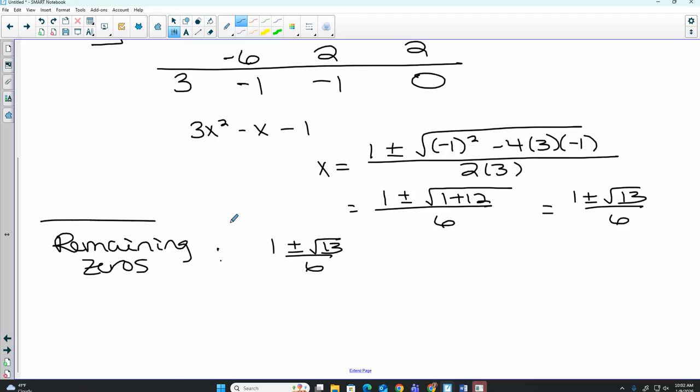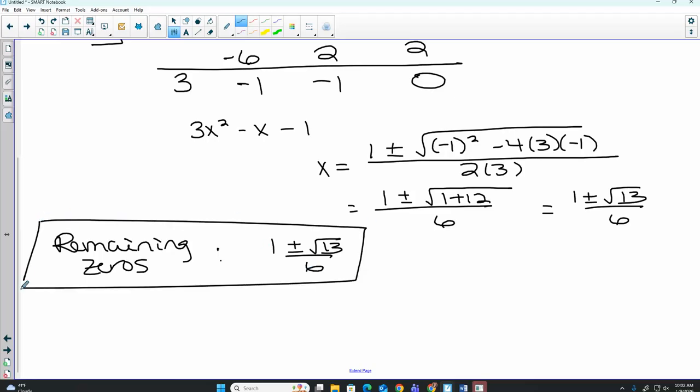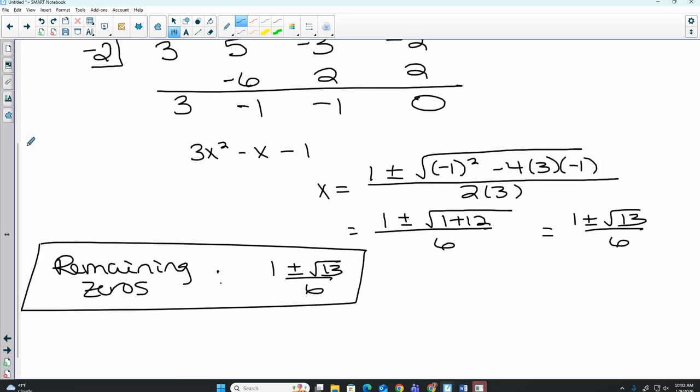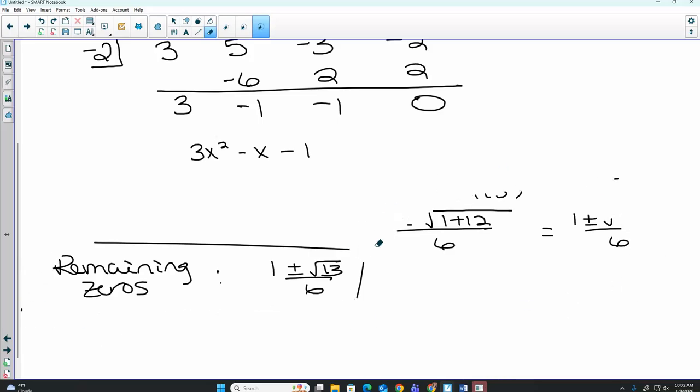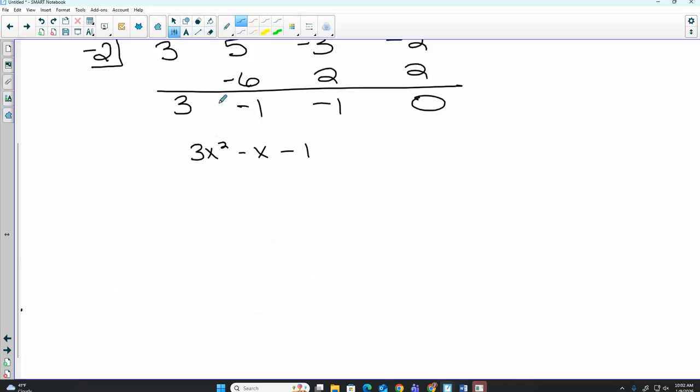Okay. I probably wouldn't have you do factored form on one that didn't turn out like this, but can I change something to ask you another question here? Okay, so if I ask for remaining zeros, that's when you go ahead and solve it. Let's pretend, just for the sake of review, let's say after your synthetic division, you had 3x squared minus 2x minus 1.